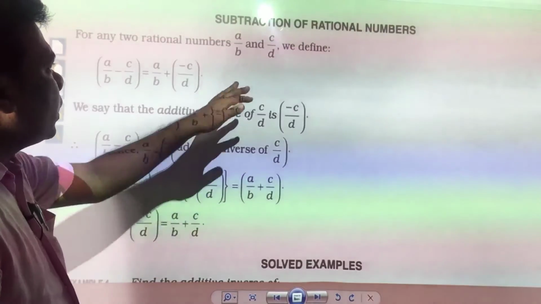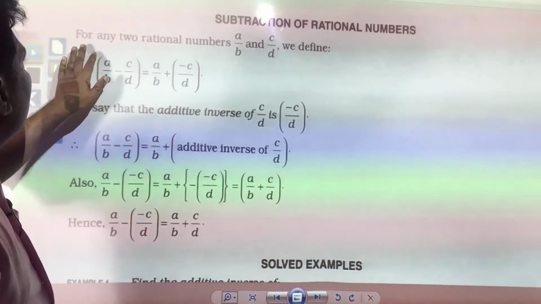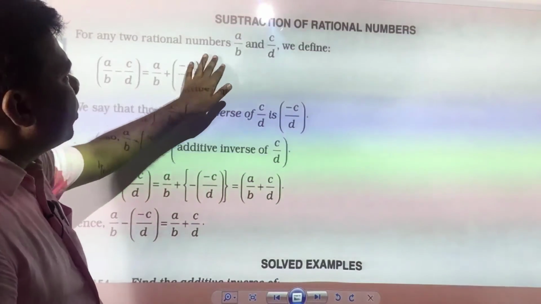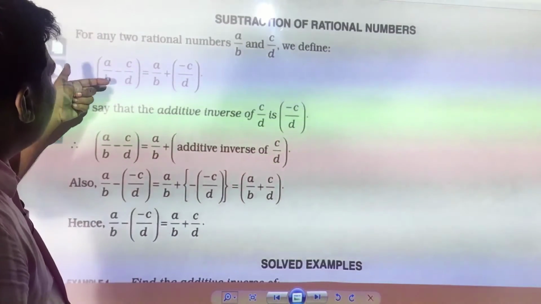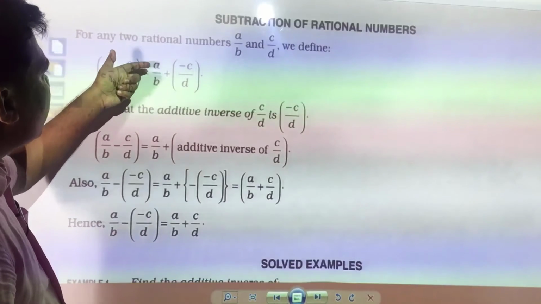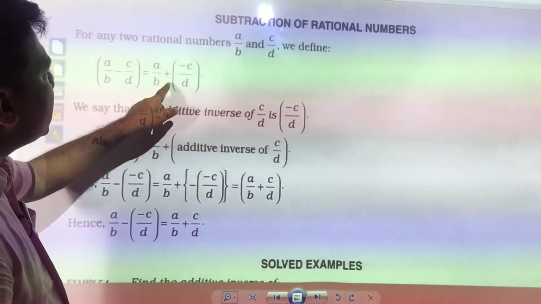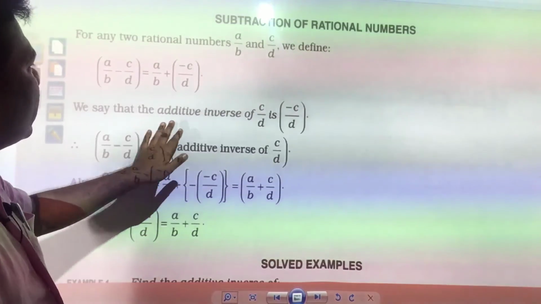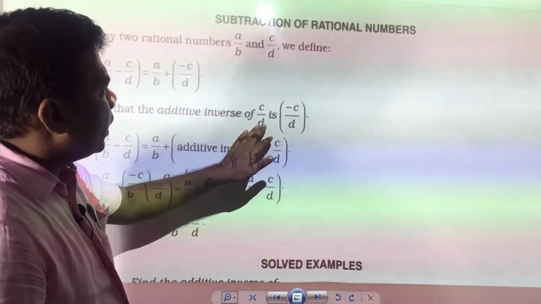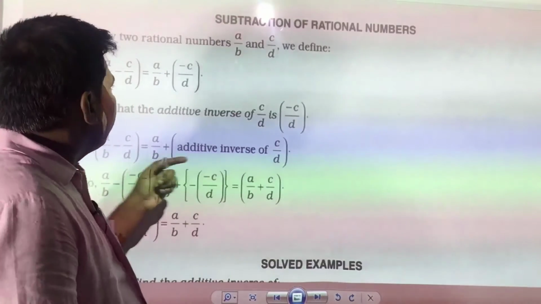Here you have subtraction of rational numbers. For any two rational numbers a by b and c by d, we define a by b minus c by d is equal to a by b plus minus c by d. We say that the additive inverse of c by d is minus c by d.